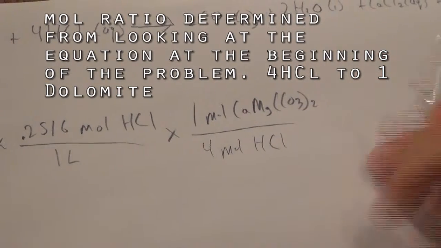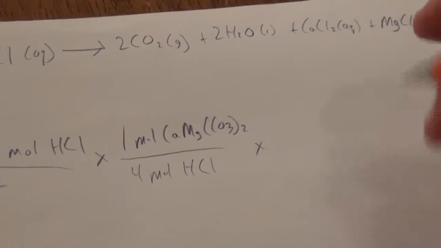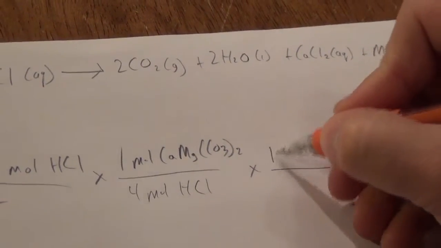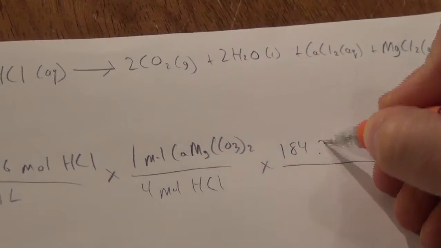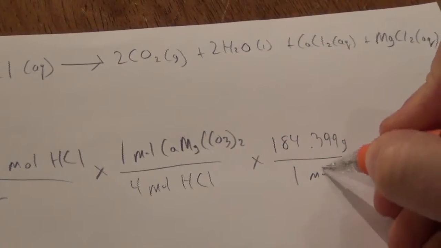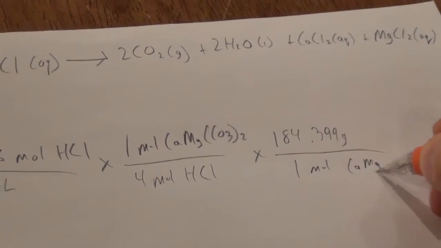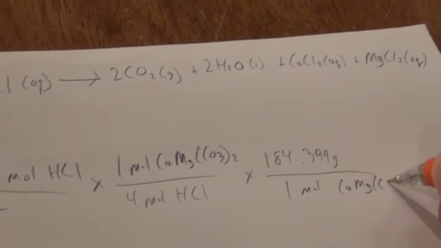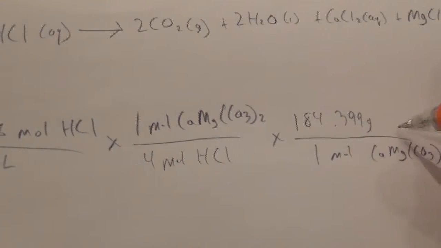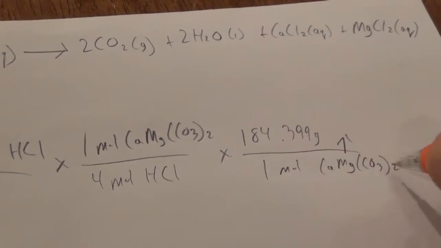Okay, then from there we have to convert from moles to grams with the conversion factor we got earlier, which was 184.399 grams, which is in 1 mole of dolomite. Sorry for the handwriting. This is the amount of mass in 1 mole of dolomite.